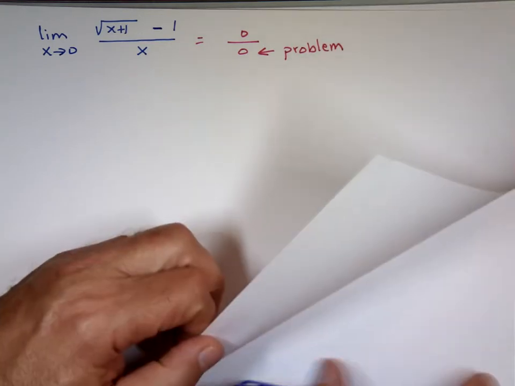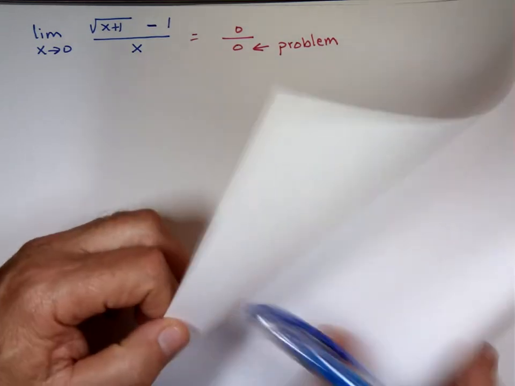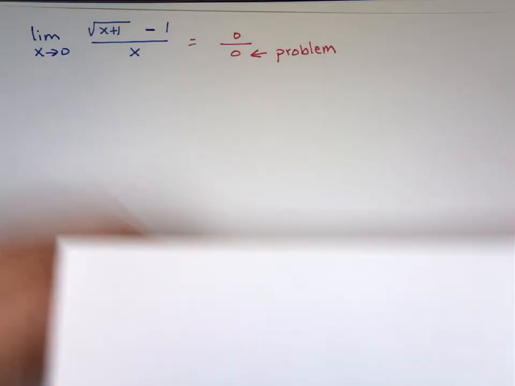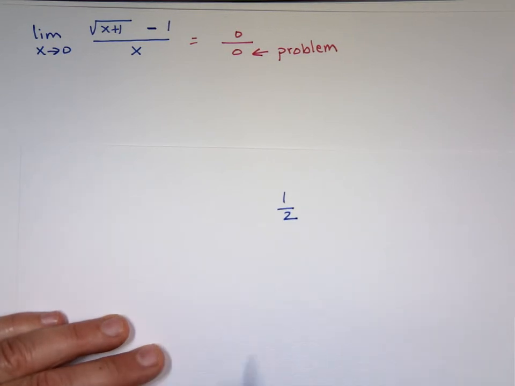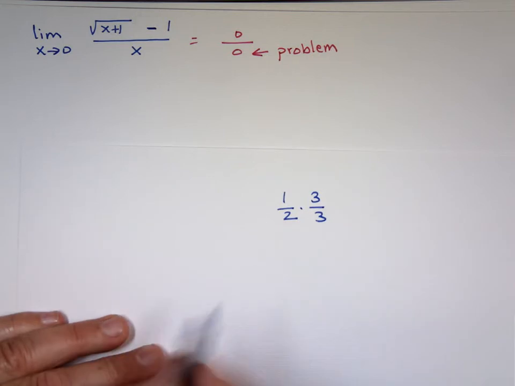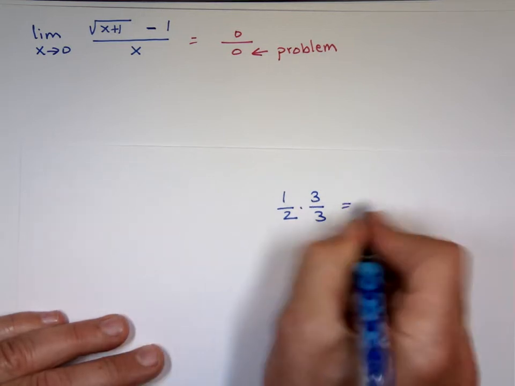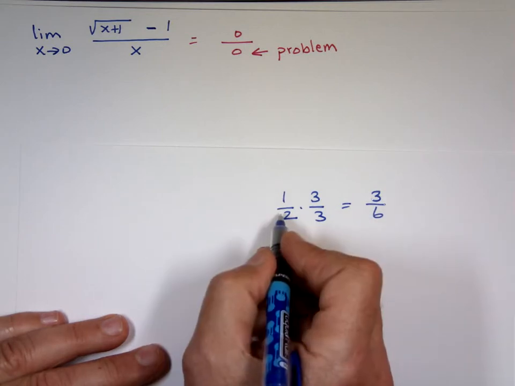When you have a fraction, you want to make sure you don't change the value of the fraction. Let's say I have 1/2. If I multiply the top by 3, I have to multiply the bottom by 3. What's 1 times 3? 3 over 6. When you simplify that, do you end up with 1/2? Yes.